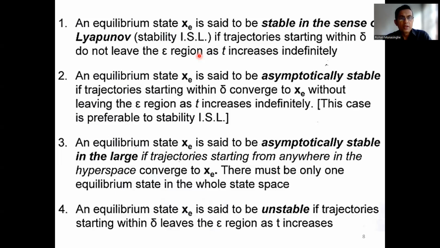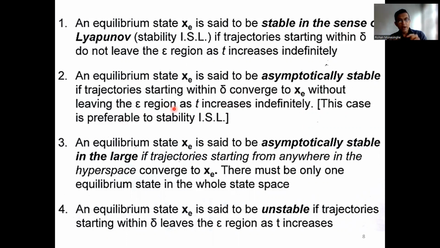Okay. Then number two, an equilibrium state is said to be asymptotically stable if the trajectory starting within delta, that is the small area, where you deflect from the equilibrium point but are still within delta, converges to xe without leaving the epsilon region.